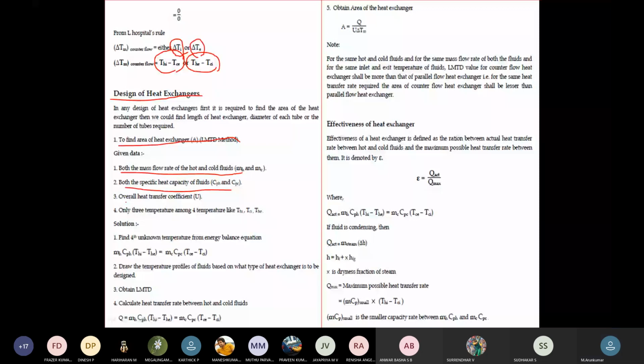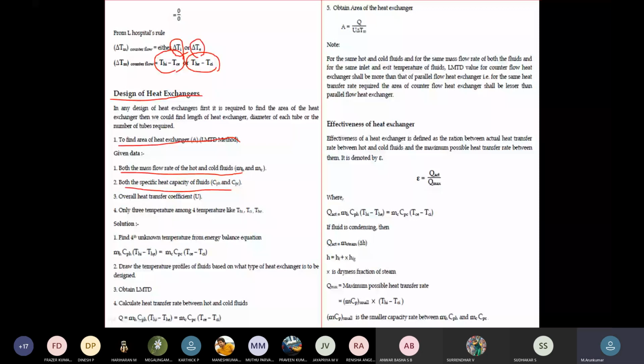If they give this data, then we have to find the fourth unknown temperature from the energy balance equation. Then we can use the energy balance equation.